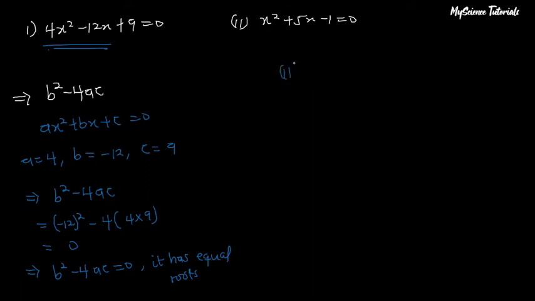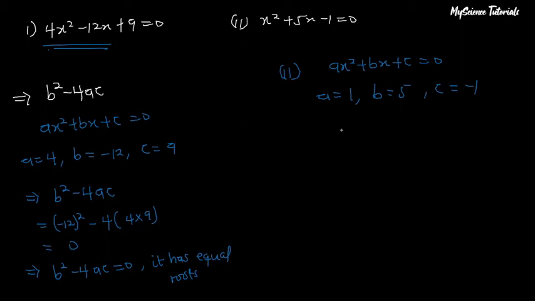Let's solve for the second one. So if I compare again this equation to the general quadratic equation, that is ax squared plus bx plus c is equal to 0, my a value, the coefficient of the x squared term over here, is 1. My b is positive 5 over here, and then my c is the negative 1 that I have over here.